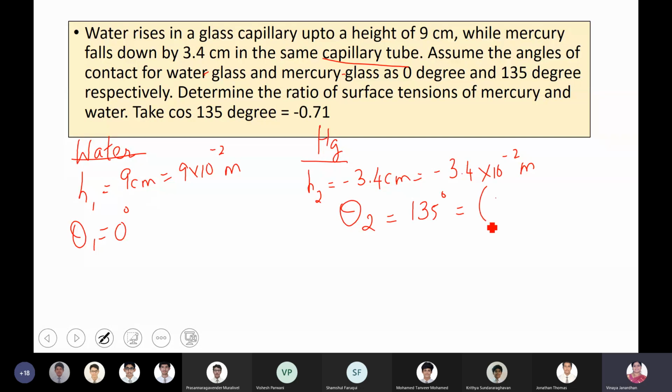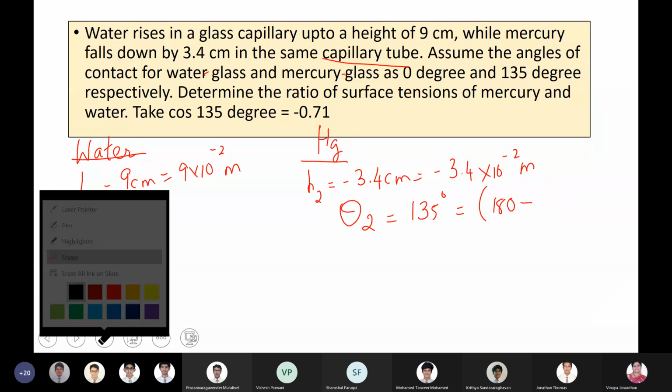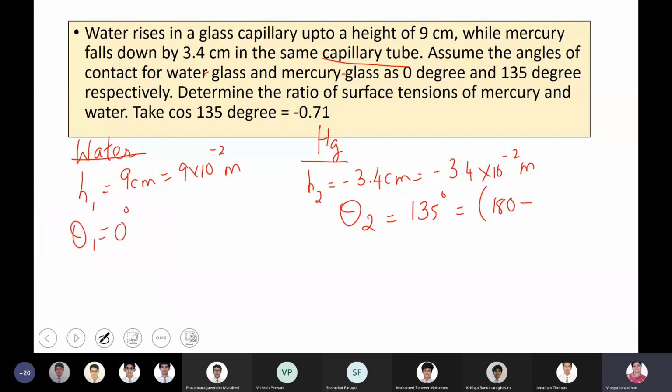So I can write this as 180 minus 45. Cos of 180 minus 45, what is the value?